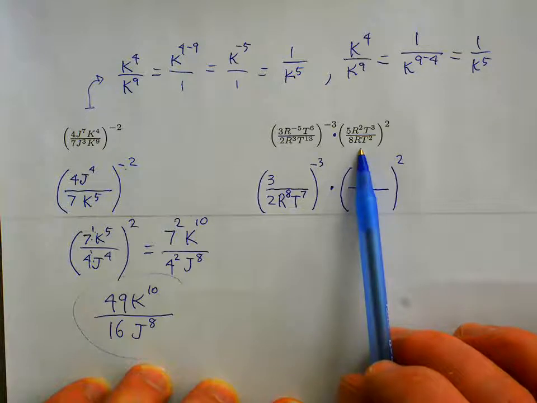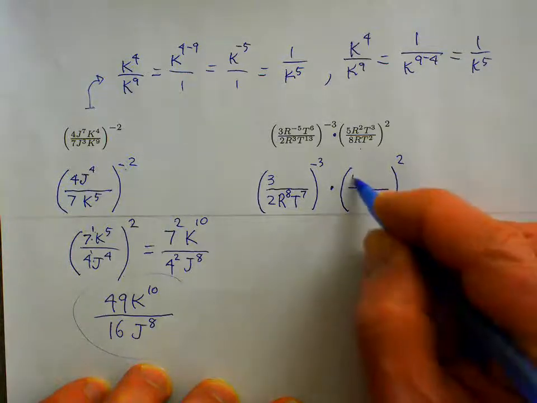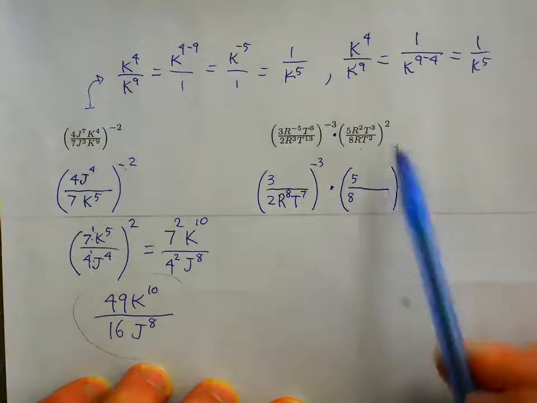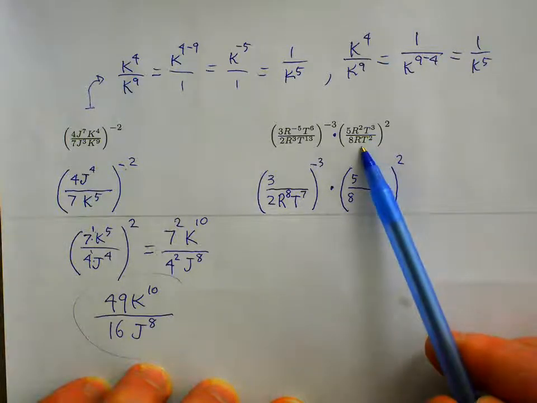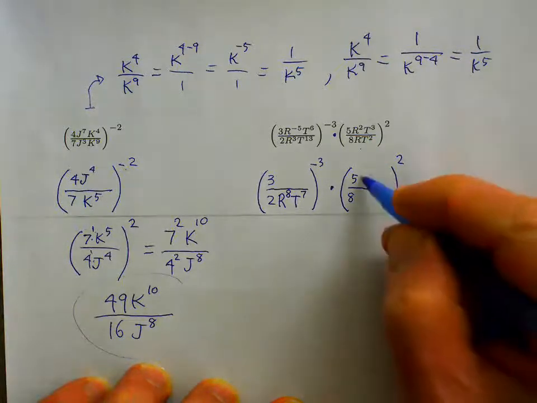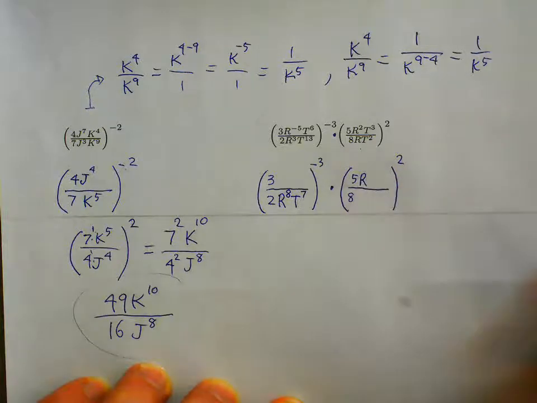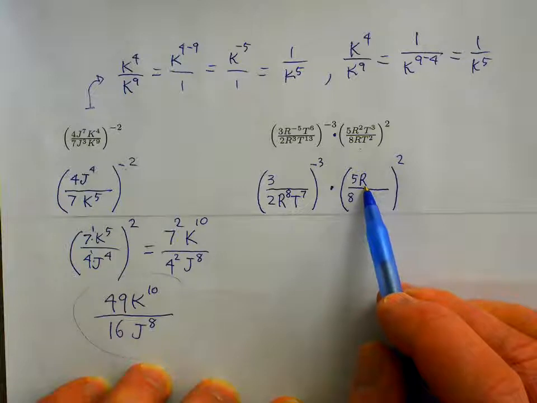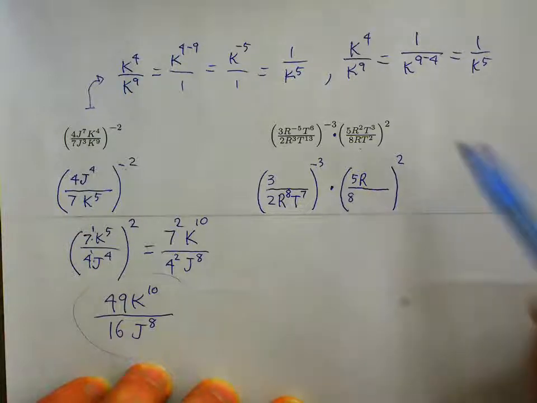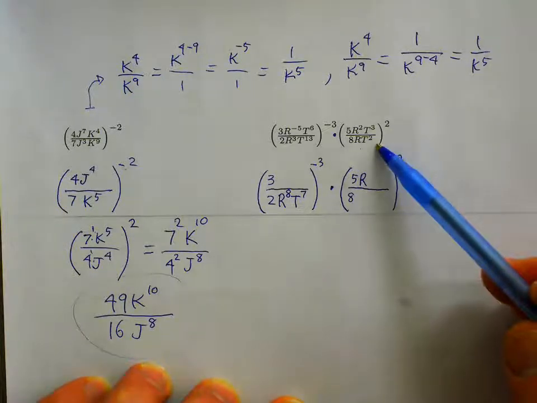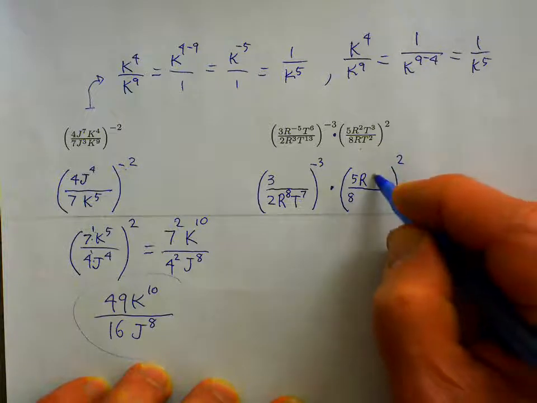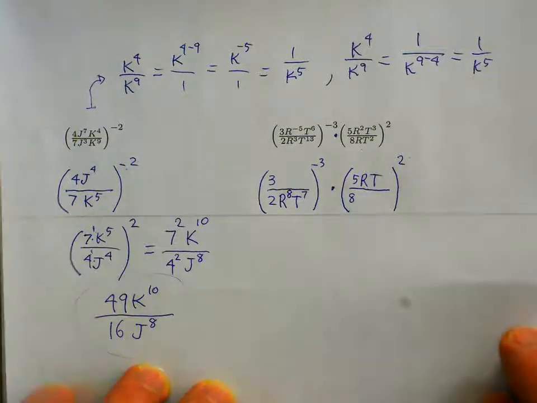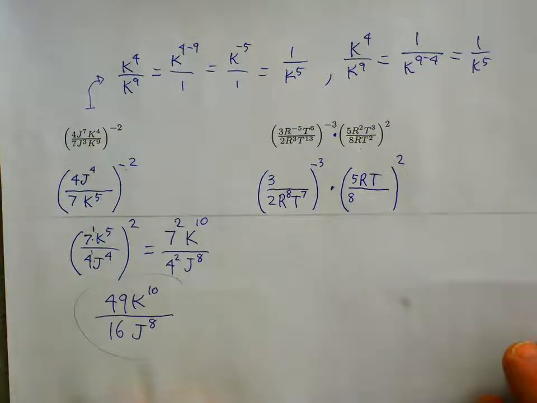Inside we have 5 divided by 8, so that stays the same, 5 divided by 8. r to the 2nd divided by r is r, which means r to the 1st, which is in the numerator. And then t to the 3rd divided by t to the 2nd is t to the 1st in the numerator.